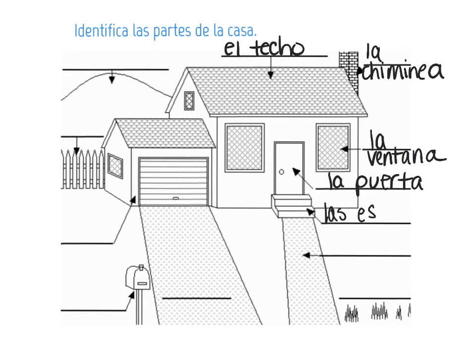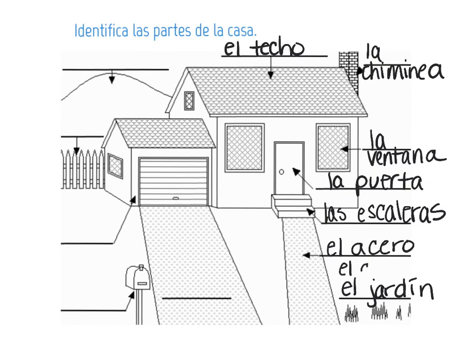Las escaleras. This is called el acero, which is a sidewalk. And here, the grass, the yard, el jardín, or el césped. Both of those are correct. The driveway, el camino.